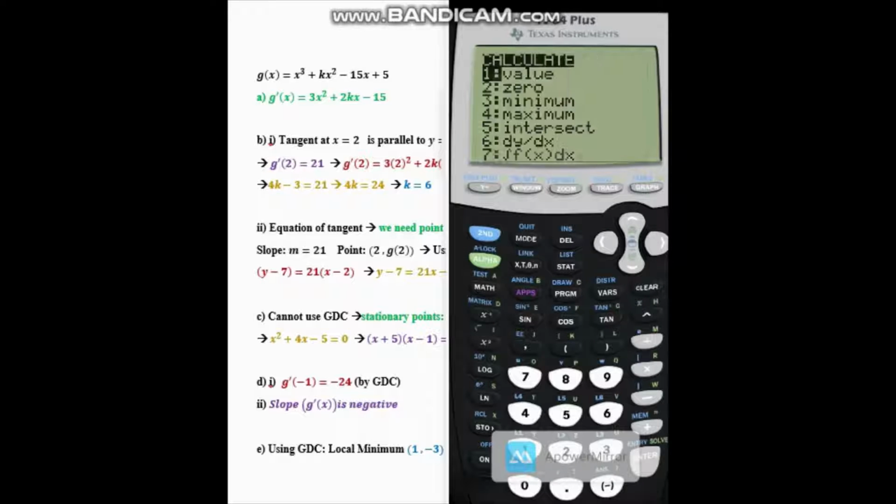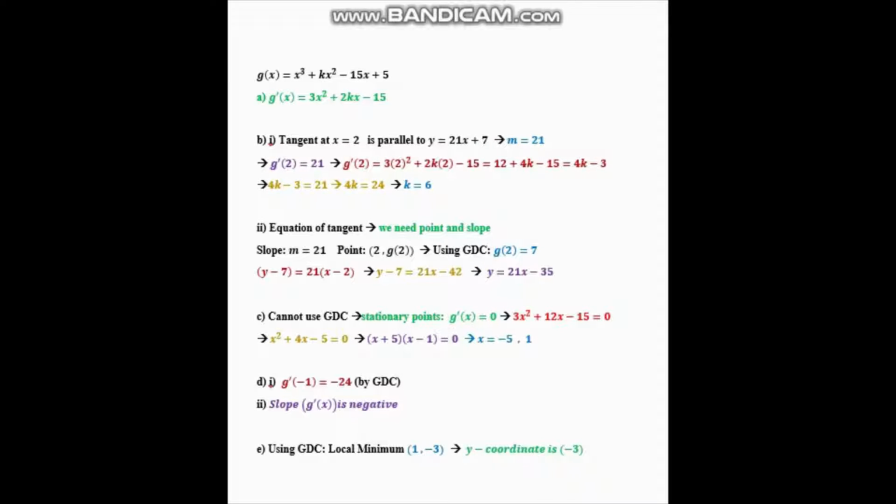So second, trace, find value when x is 2, and the calculator tells me that y equals 7 when x equals 2. Hence g of 2 equals 7. Now that I have a point 2 and 7 and the slope 21, I plug the values into the point slope formula and I expand and simplify, getting this final equation of the tangent.